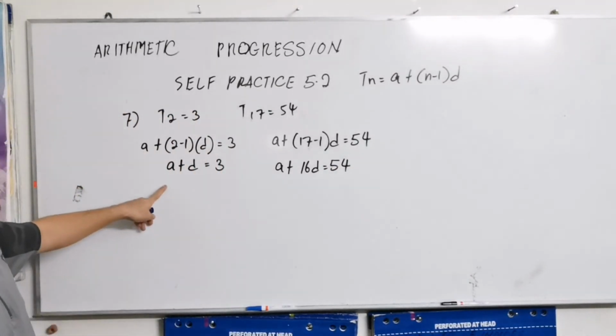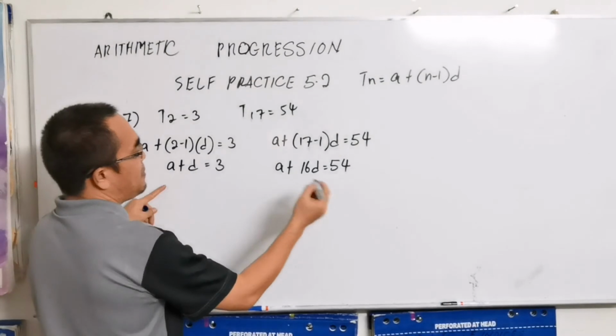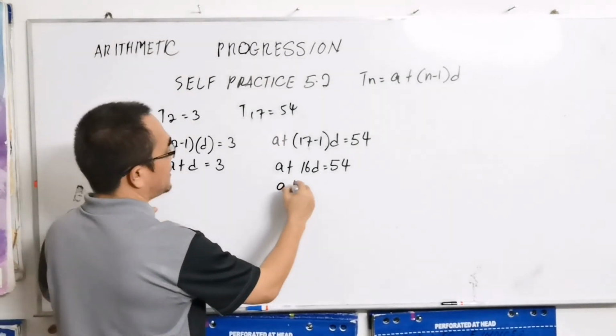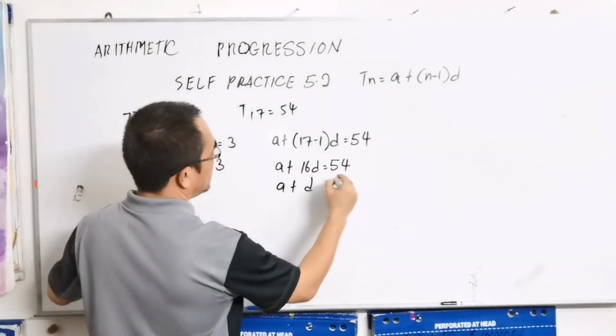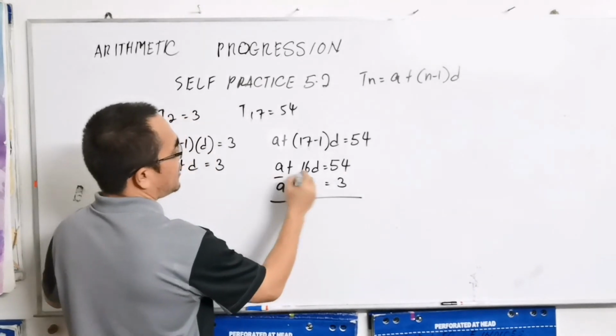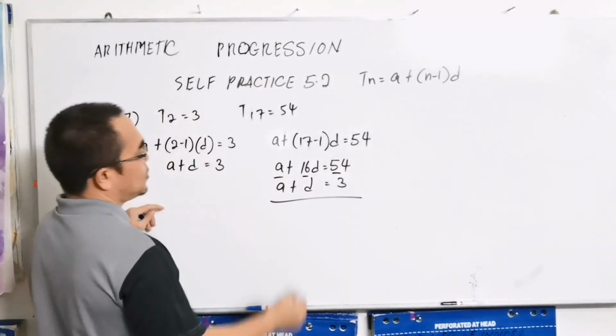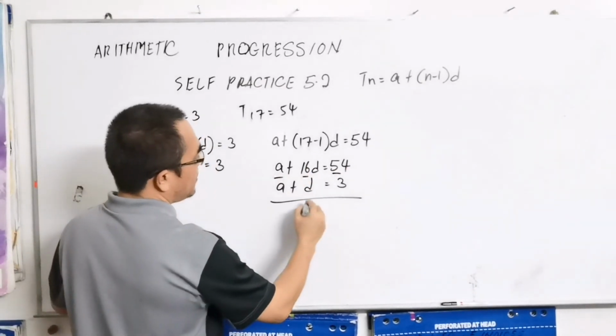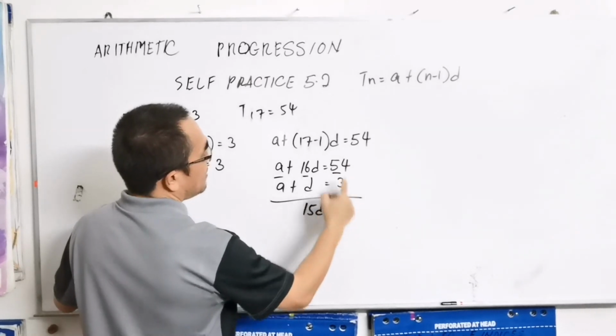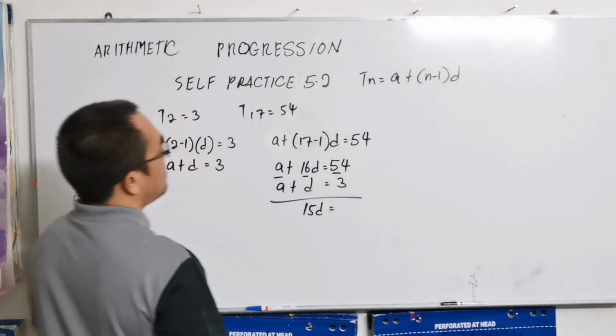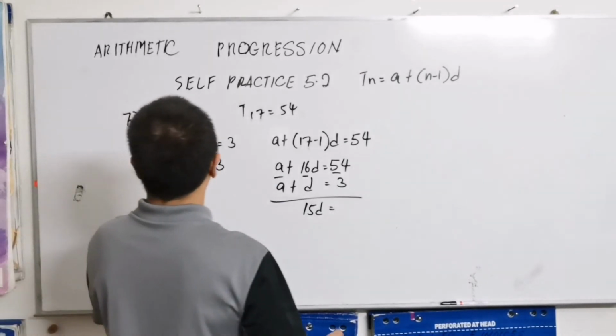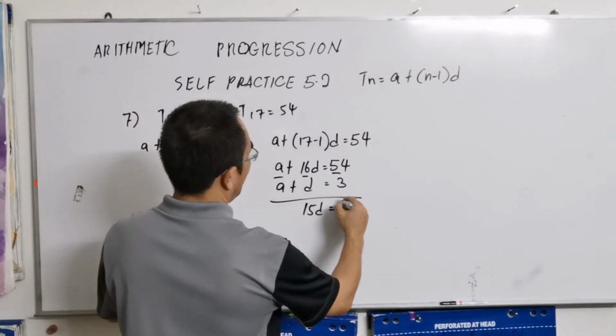And then I'm using elimination method. Equals to 3 here. So subtract here. So 16D minus 1D will be 15D. 54 minus 3 will be 51.